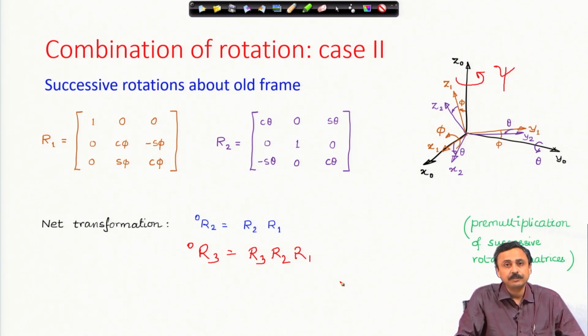Now, this is a major difference and you have to be careful about this. Which axis are you taking in successive rotations, which axis are you taking for giving the next rotation.